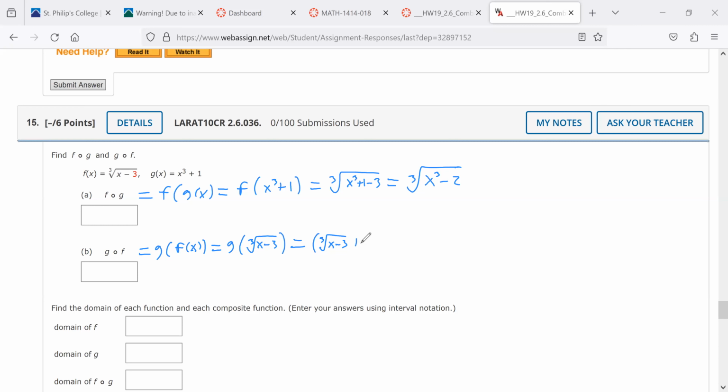Well, that's it. G cubes it and then adds 1. Okay. So these cubes will cancel. Cube root cubed gives me this. So there's my two functions. Any questions on the algebra? Is that first 2 parts okay?